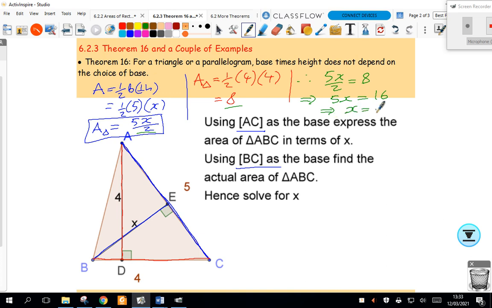Dividing on both sides by 5, 16 divided by 5 will be 3.2. So x would be equal to 3.2 units in that case, whatever those units are. The choice of base does not affect the area. It does not affect the base times height calculation.